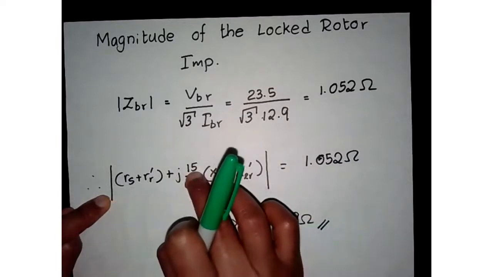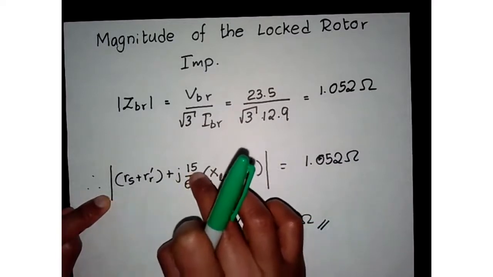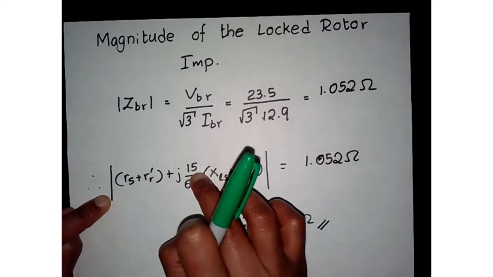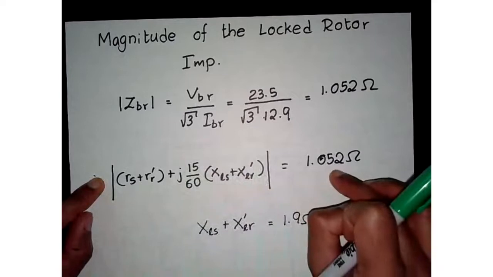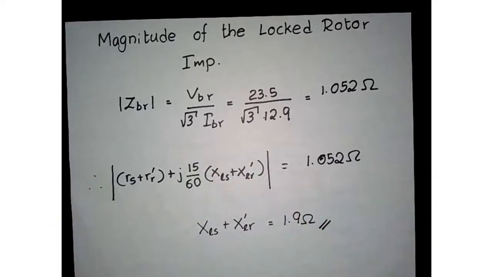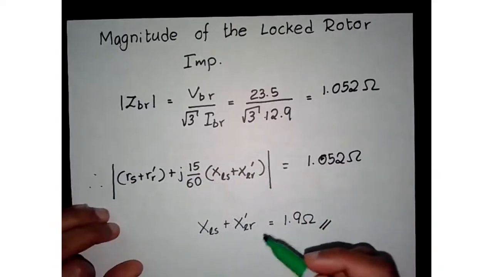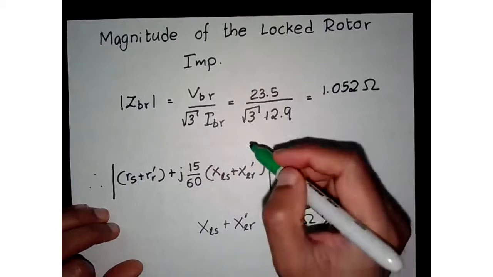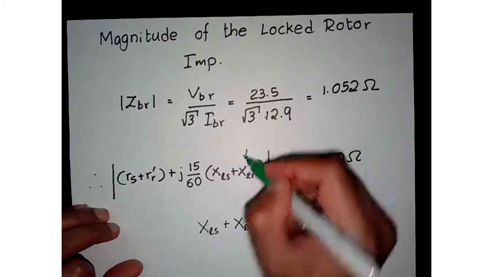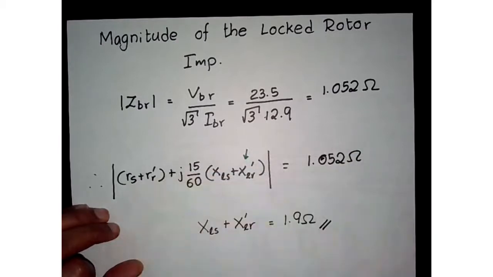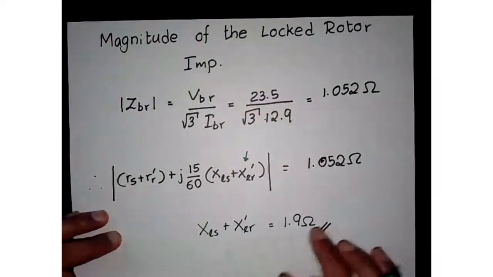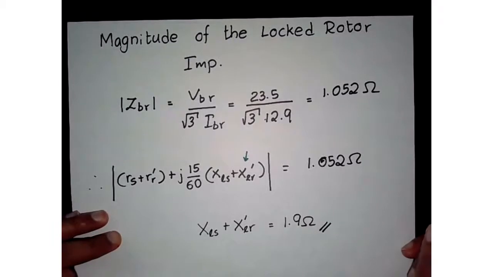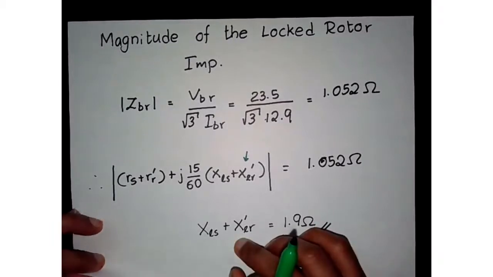And then remember, we are using 15 Hertz, so we have to consider that in our calculation. And the magnitude, this is a complex number, that's going to be equal to this. What are the unknowns? The only unknown here is this, right? We know this, we know this, we know this. So now we can extract the unknown parameter, XLR prime.